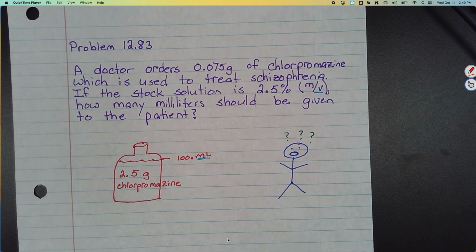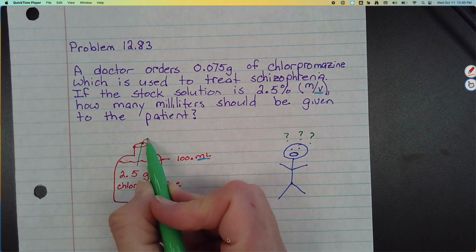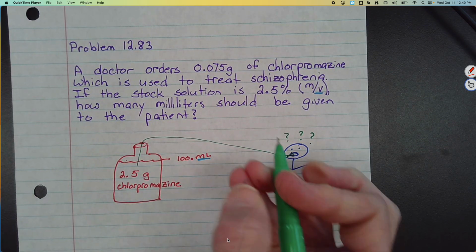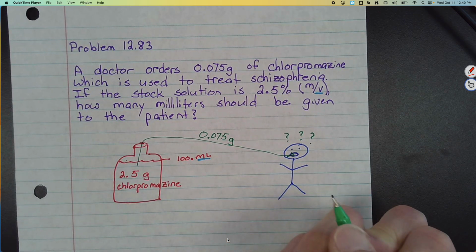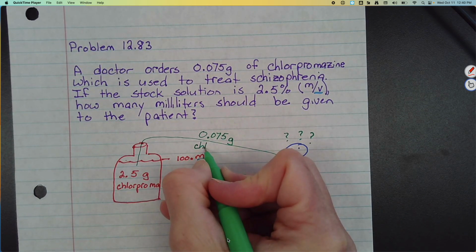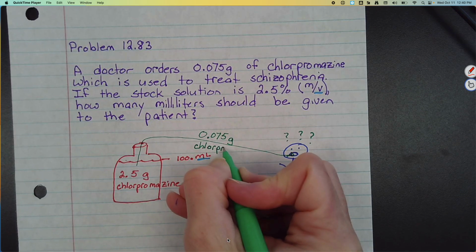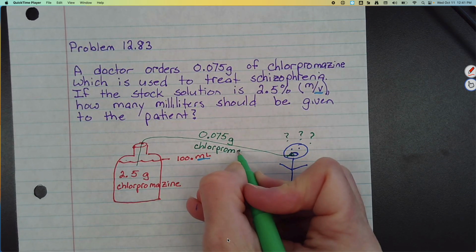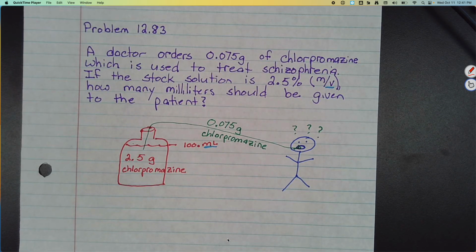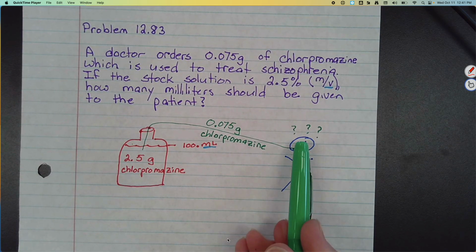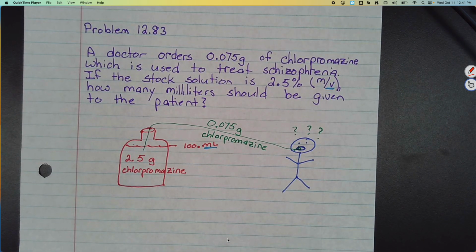Now, to make the patient feel better, the doctor says that the thing we need to do is take out of our bottle 0.075 grams of our medicine and put it into the patient's mouth. And then our patient will be less alarmed because they will feel less confused in the head because they'll have the medicine they need to treat their illness.